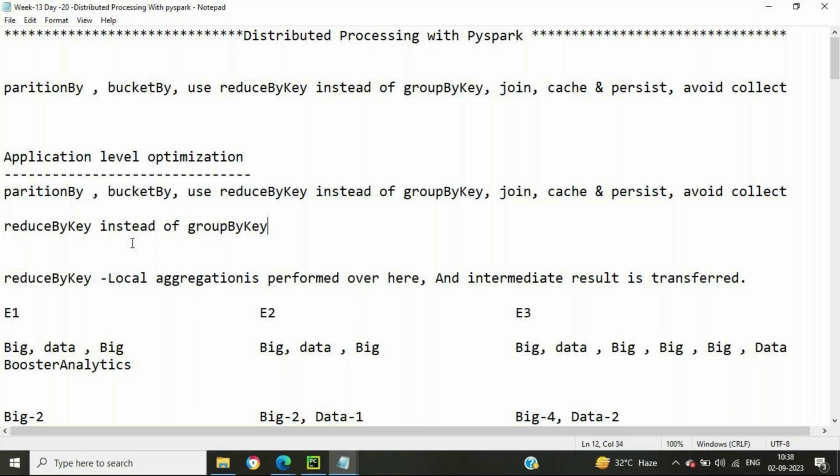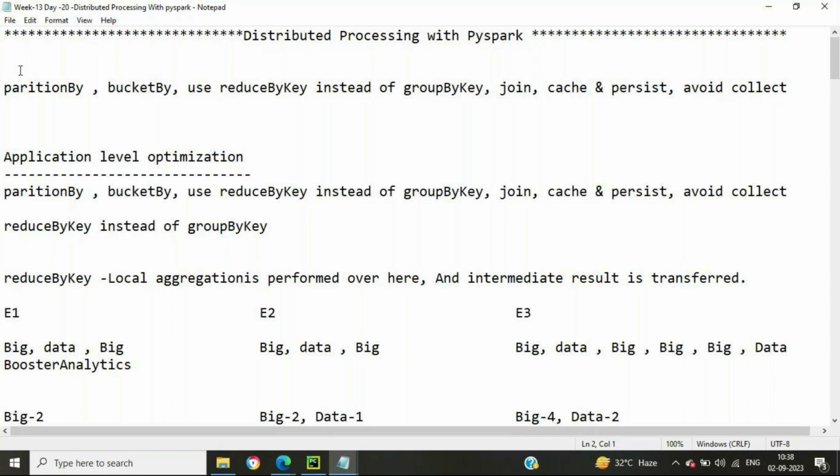This is fine, based upon the code we are able to do the optimization, but what about the resources? The resource which I have given for the execution of that particular job, is that resource enough for the execution? That is nothing but resource level optimization.